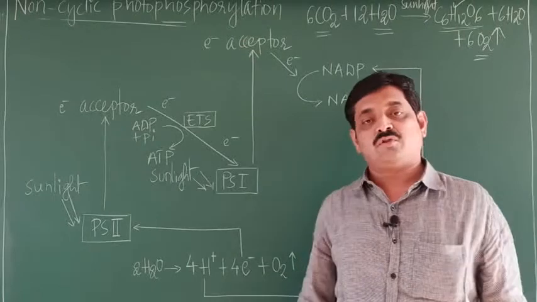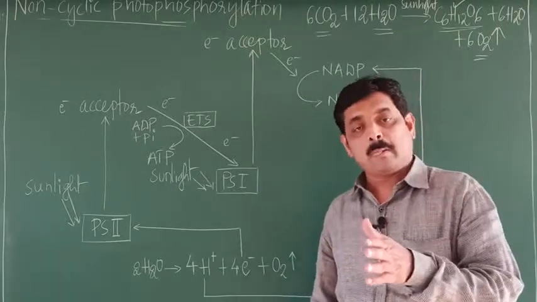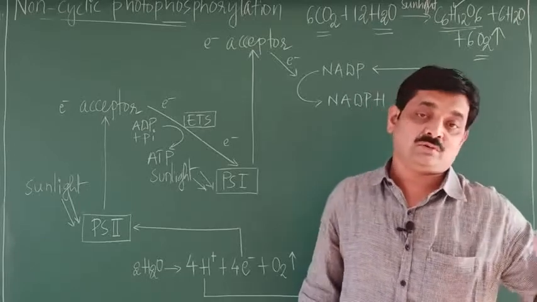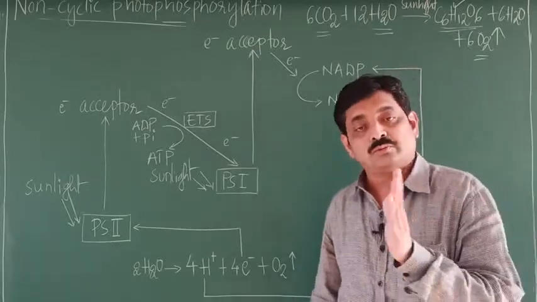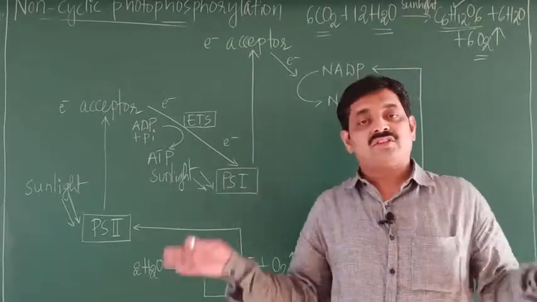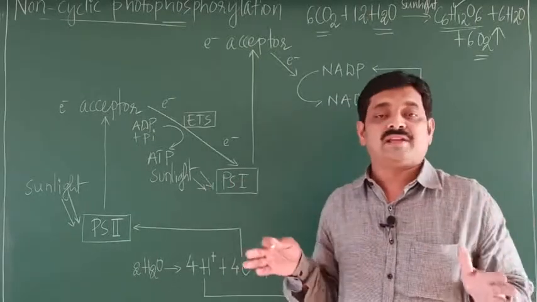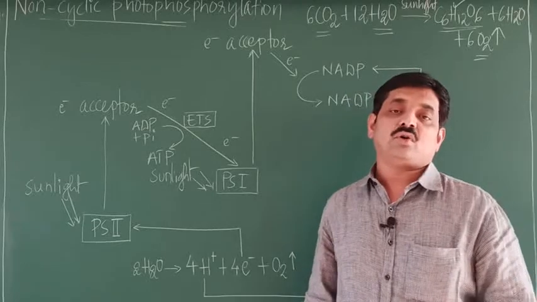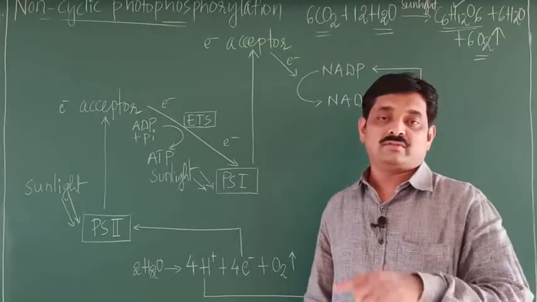Now you know the meaning of photophosphorylation. Phosphorylation is the addition of inorganic phosphate to the reaction to produce ATP. When this reaction takes place in the presence of sunlight, then it is called photophosphorylation.